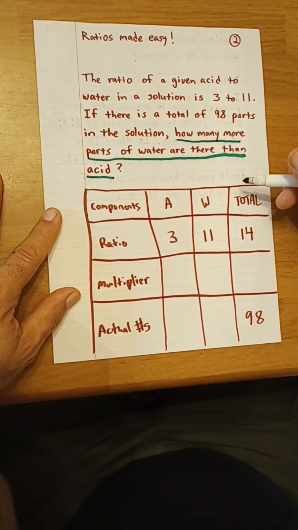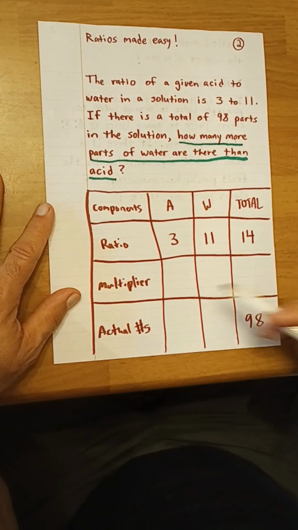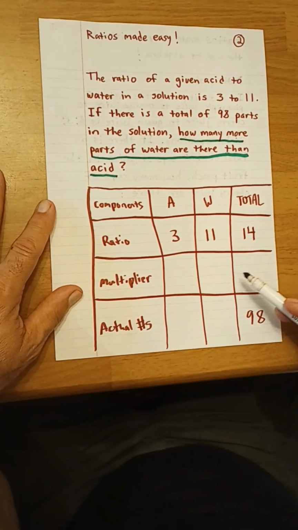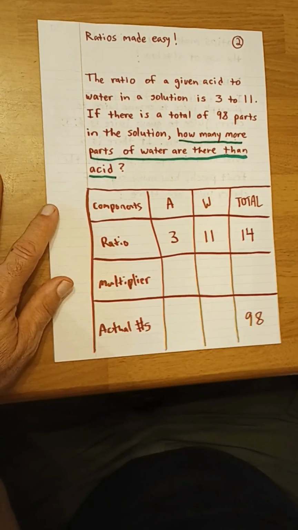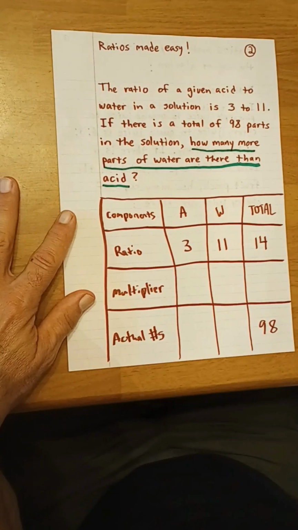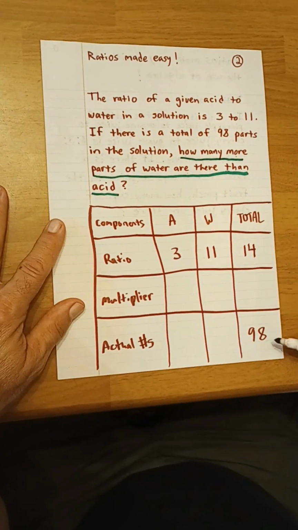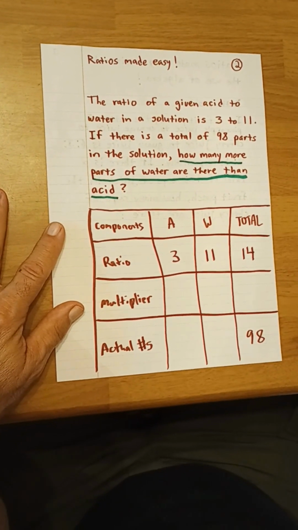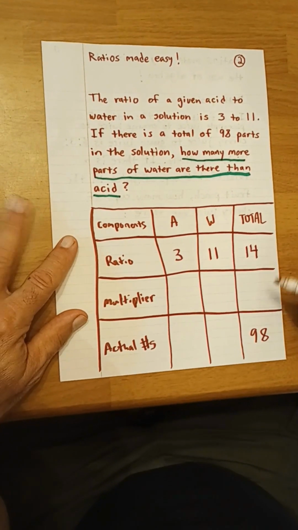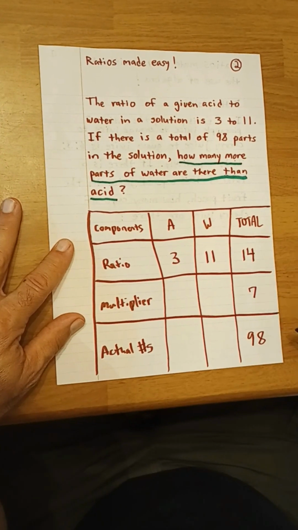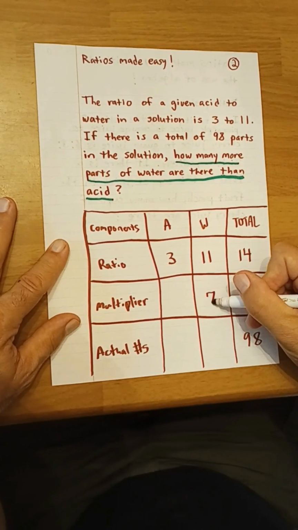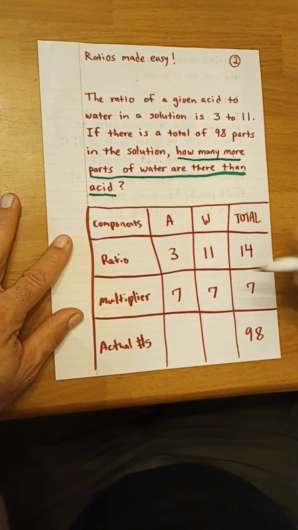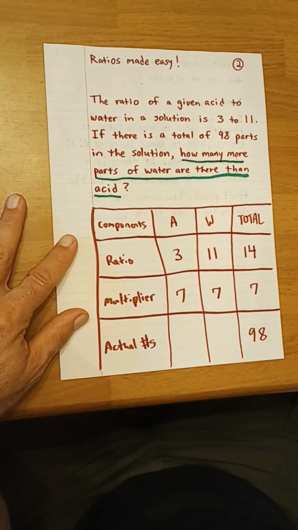And then we multiply as we go down. So our multiplier is going to be the same number all the way across. So I think if we divide 98 by 14, we're going to find that that goes in 7 times. So our multiplier is 7. And again, that's all the way across, okay?